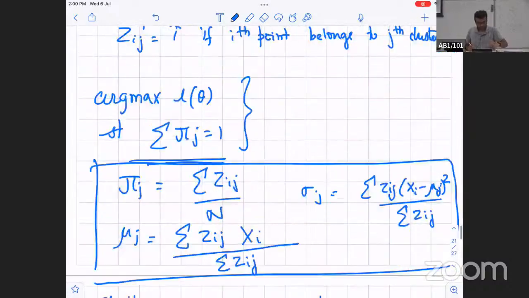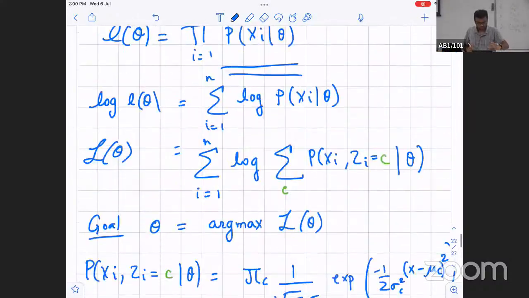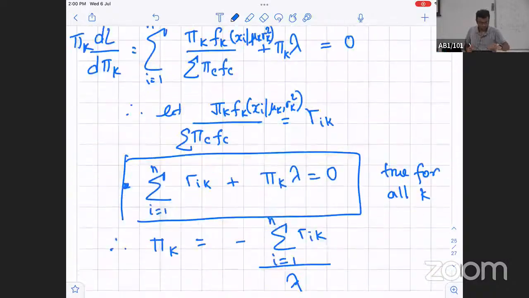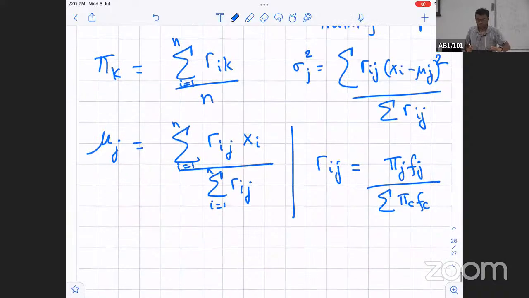But before that, what we saw is that we went through a whole lot of derivations for the missing information case. We really don't know what the cluster center is. We came up with this formulation. Here the problem is that pi k, mu j, and sigma j squared depend upon gamma. Let me just say this is called gamma.